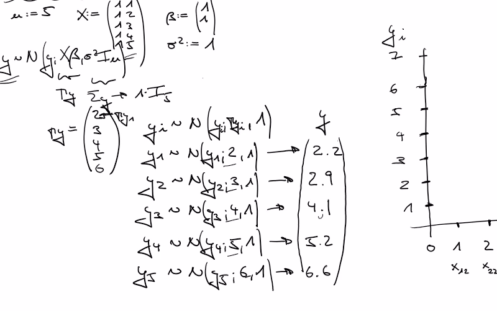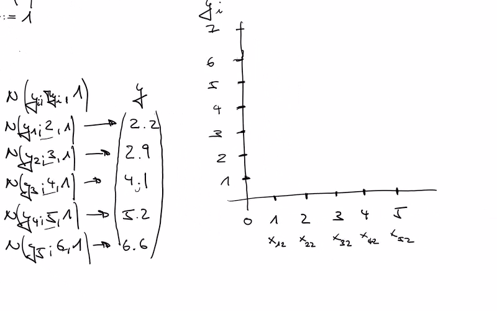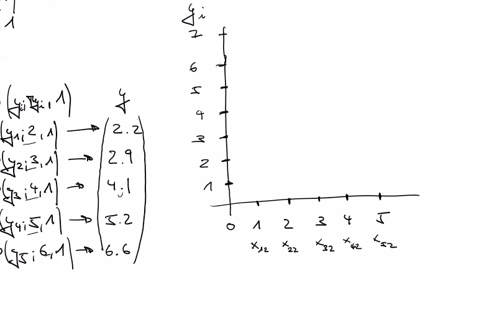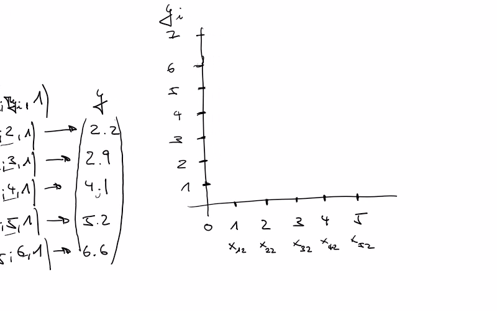And let's plot those first. So for 1 we have 2, and then it just goes up. So we have this one, this one, this one, this one, and this one.